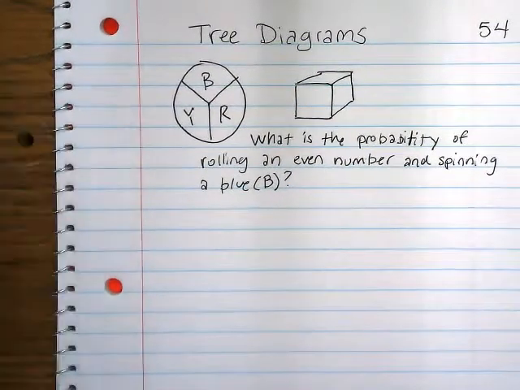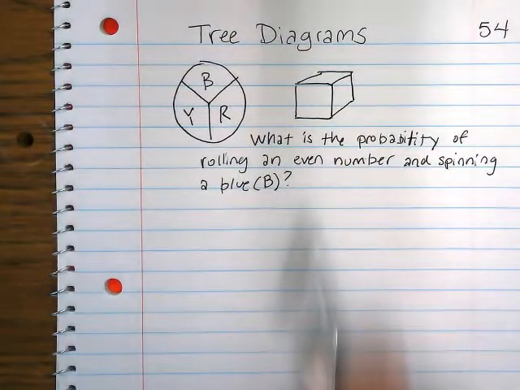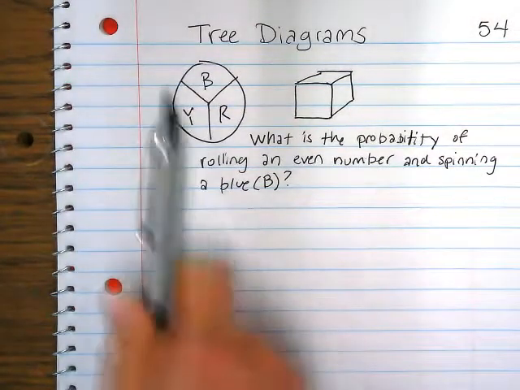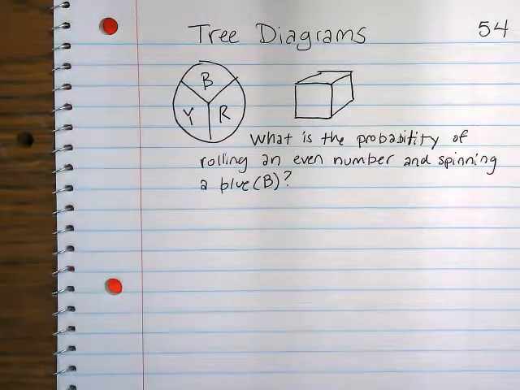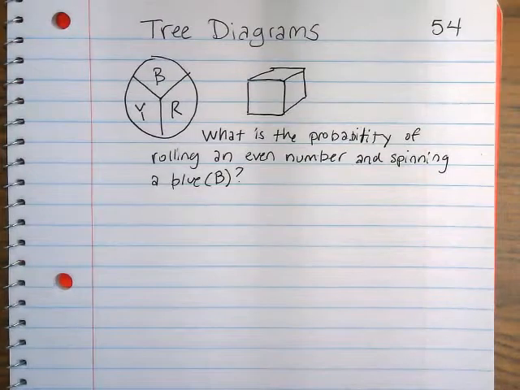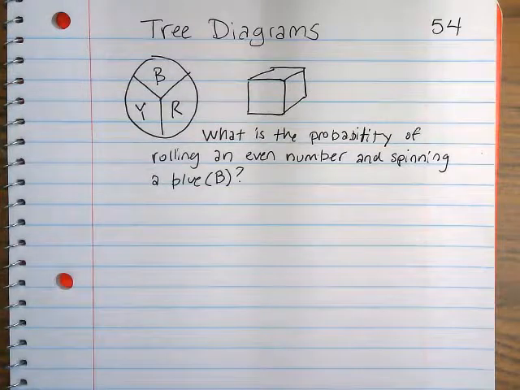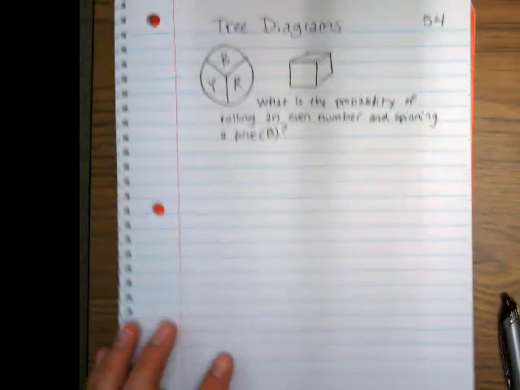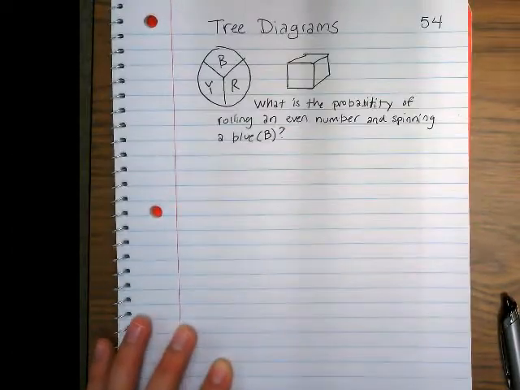So we're going to find the probability of rolling an even number on that die and then spinning a blue on our spinner. In order for us to come up with this, I'm going to have us draw a tree diagram down here, and I'll zoom out a little bit so that we can see our problem and the tree diagram that we've got.